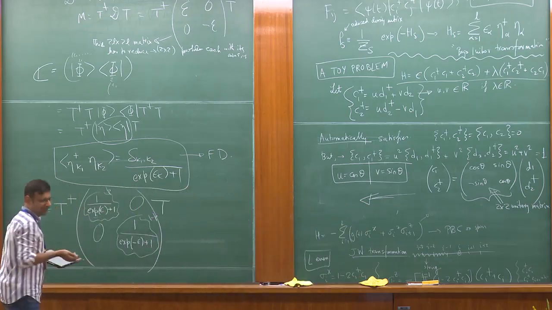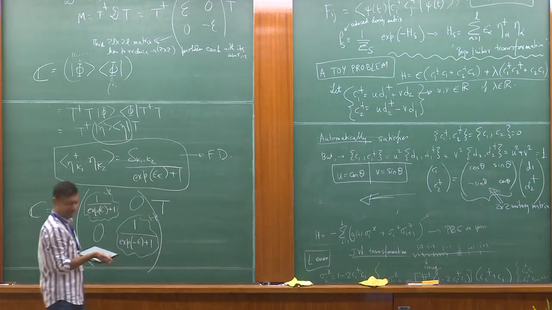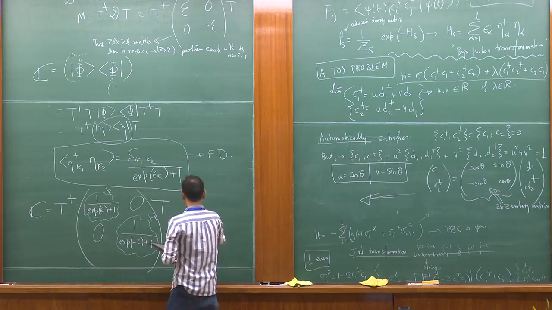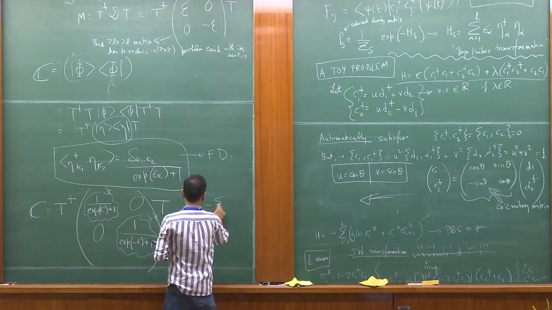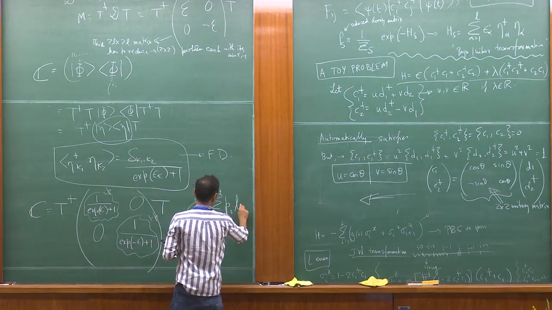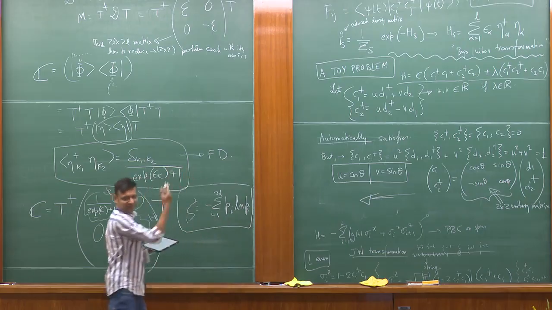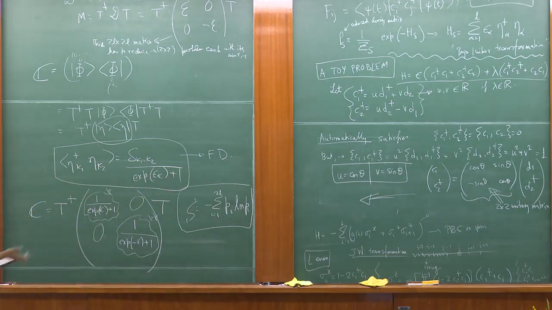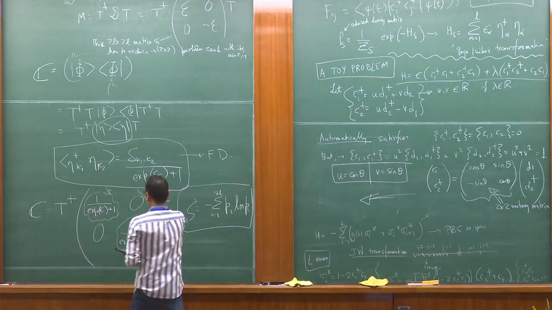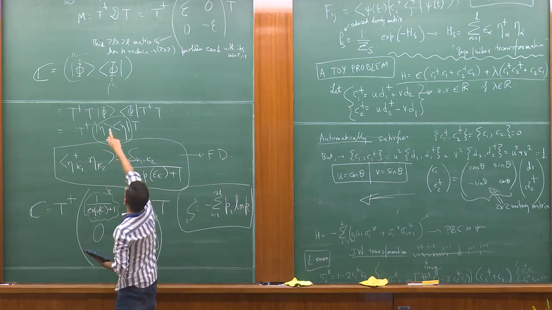So now you all know how to calculate the entropy of such a problem, right? The entropy of such a problem is nothing but that, which is your entanglement entropy as well, right? So basically, if you go to the diagonal form of this matrix, which matrix? That matrix.